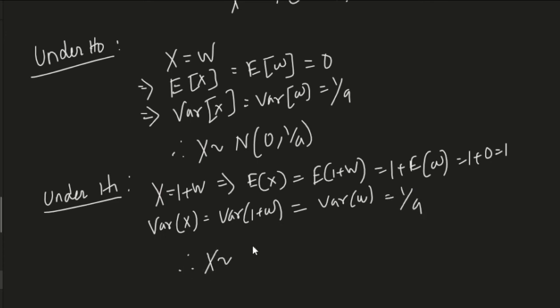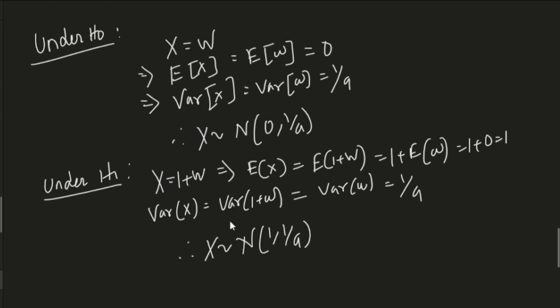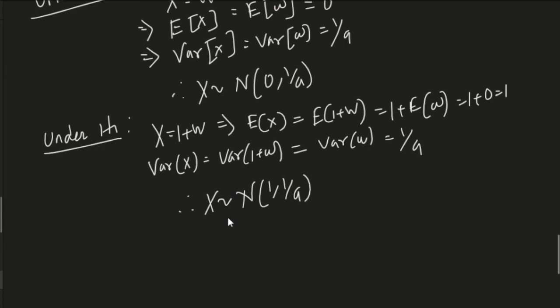Therefore X follows a normal distribution with mean 1 and variance 1 by 9. So yeah, that's how it works.